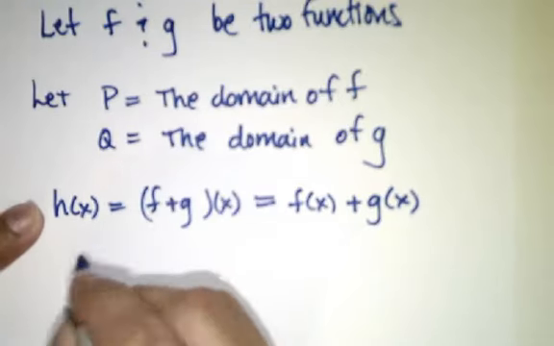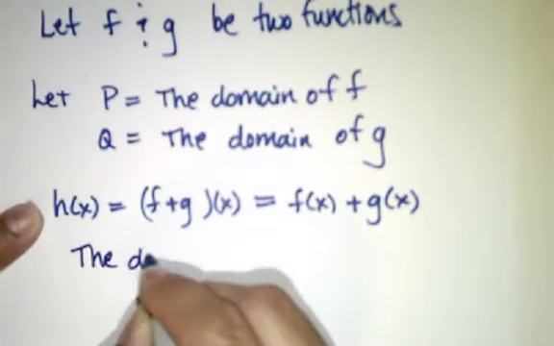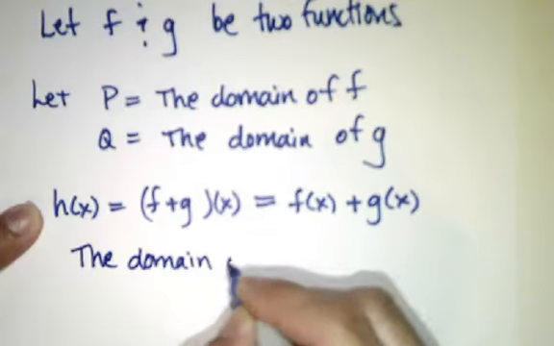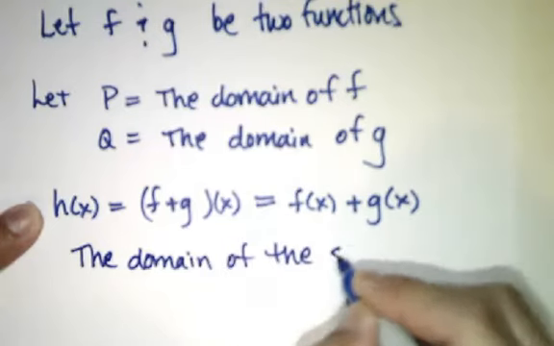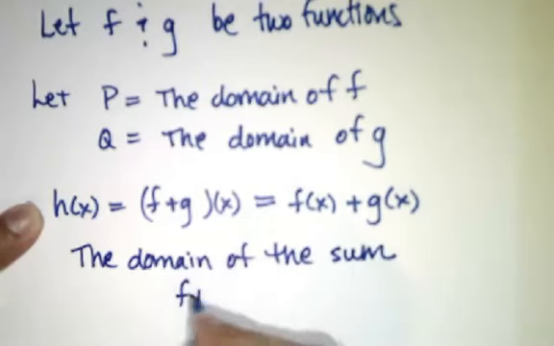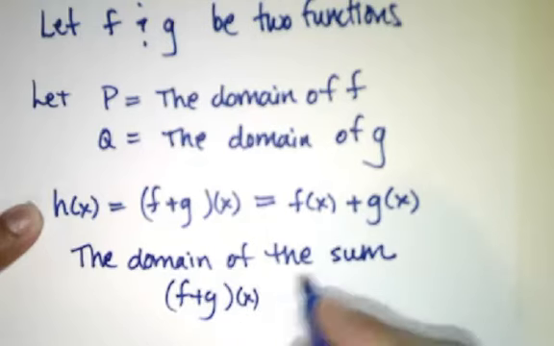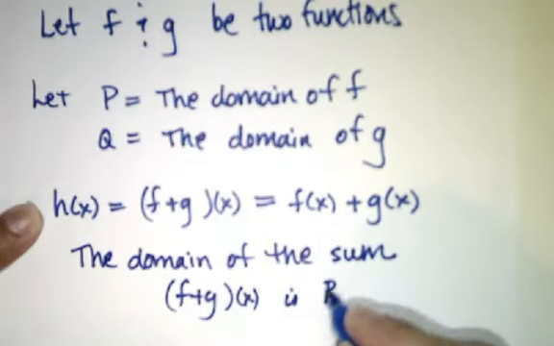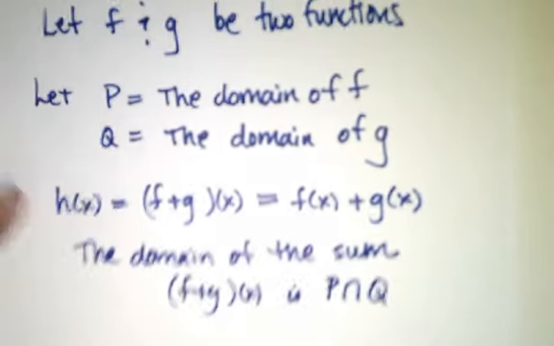The domain of the sum of two functions, so f plus g of x, is equal to p intersect q. All right?